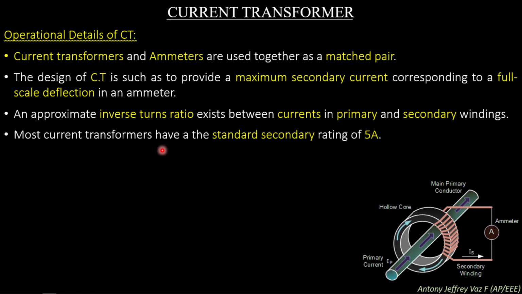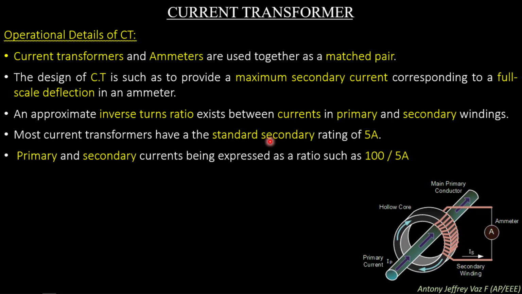Most current transformers have a standard secondary rating of 5 amps. Primary and secondary currents are expressed as a ratio such as 100/5 amps. Here the 100 amps is the primary current rating, the maximum current which flows through the HT transmission line, and this 5 amps represents the ammeter current rating, which is a maximum of 5 amps.